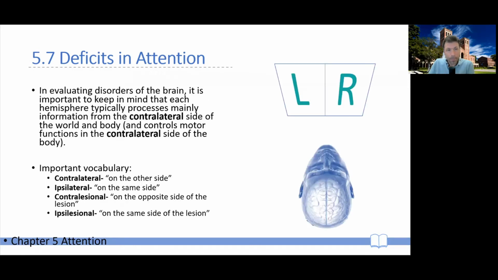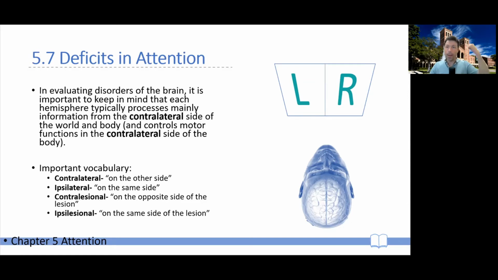Now, before doing this, I do have to point out one important thing, which you might know, but just to make sure we are all on the same page. You should know that the human brain is organized in a contralateral fashion. What I mean by that is that your right hemisphere receives information from the left side of the world, so from the left side of the visual field, from the left side of your body, and controls the left side of your body.